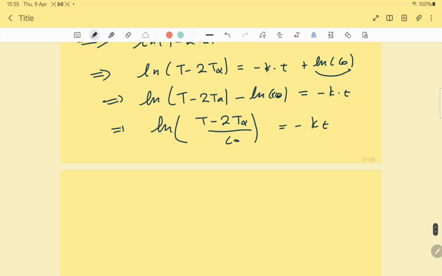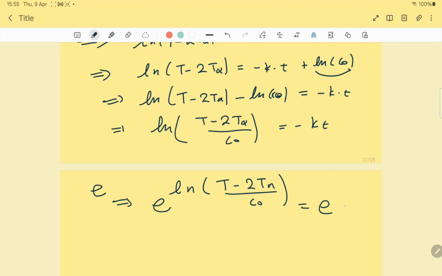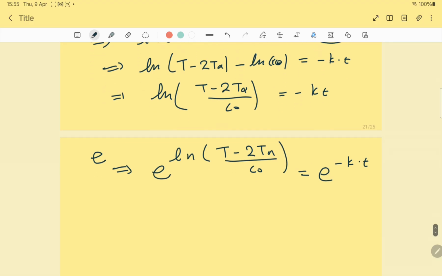Now to get rid of the ln's here, we use the exponential, e to the power of ln of T minus Ta over C0 equals e to the minus k times t.